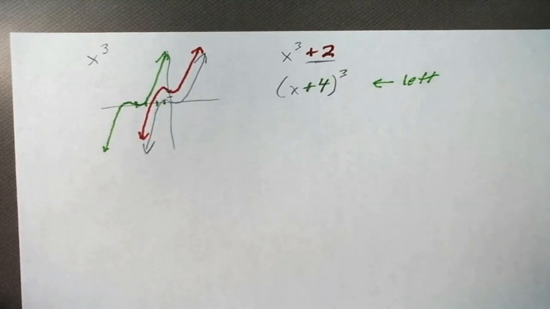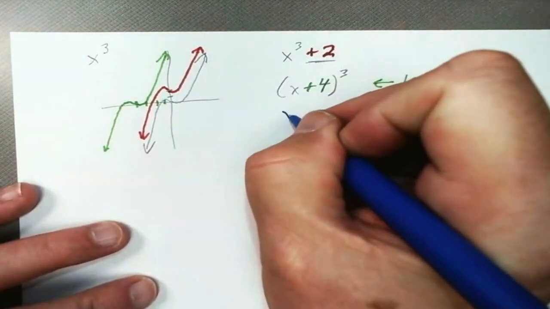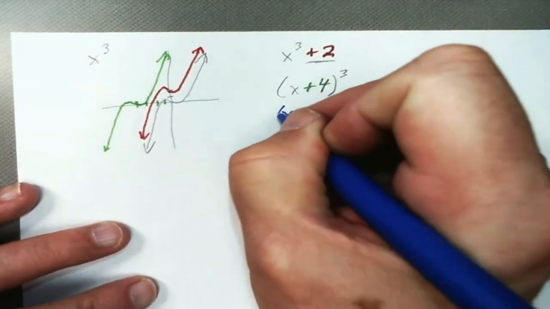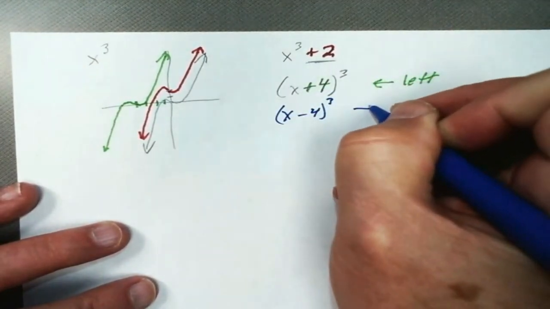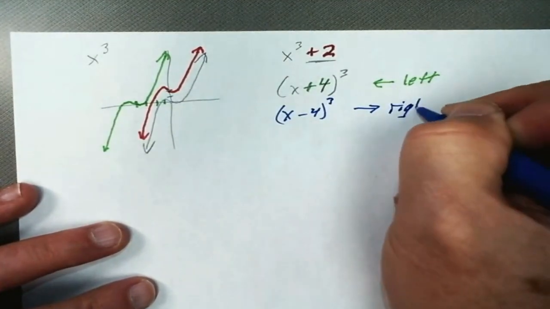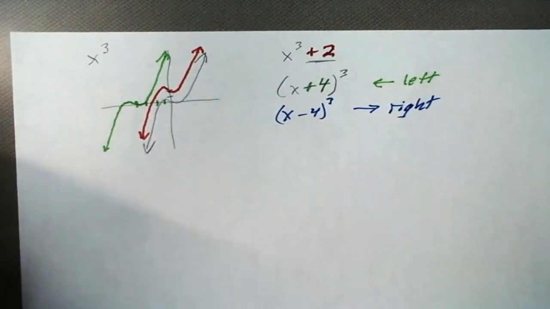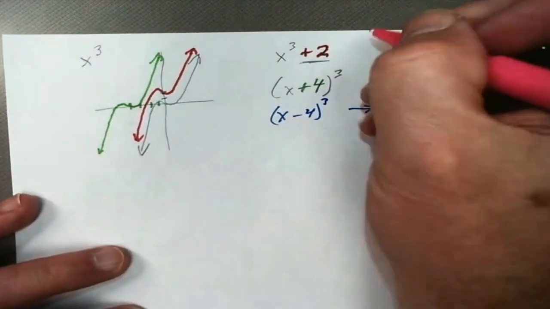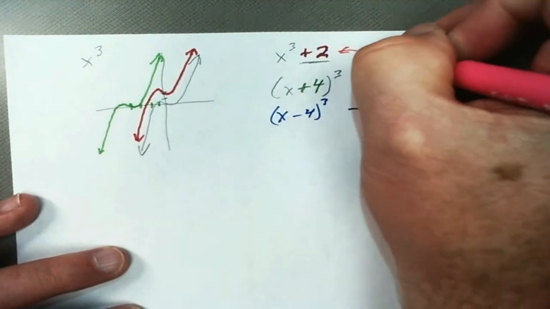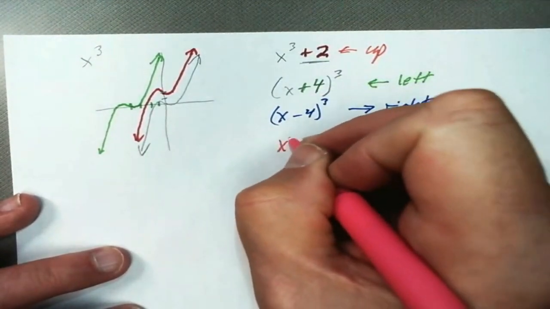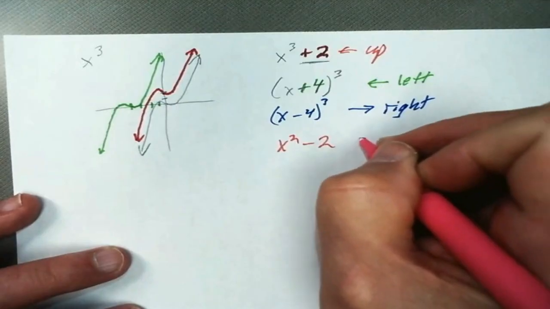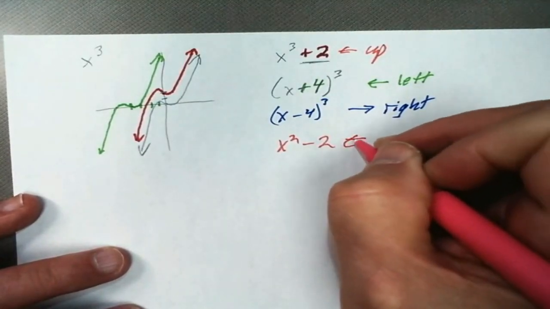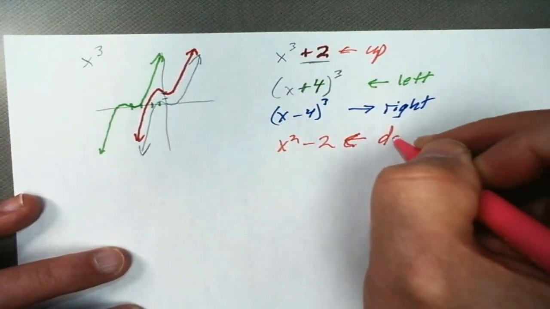If you want it to move right 4, I don't know where my blue pen went, but anyway. Oh, here's my blue pen. If we have x minus 4 to the third, that moves right. All right, and this is up. x squared minus 2 would go down.